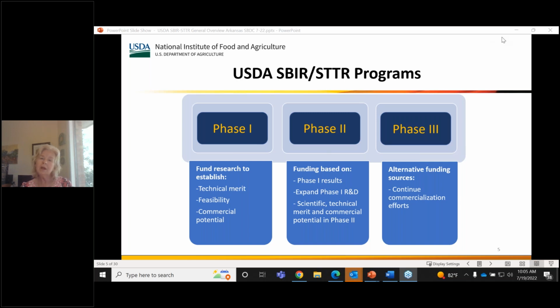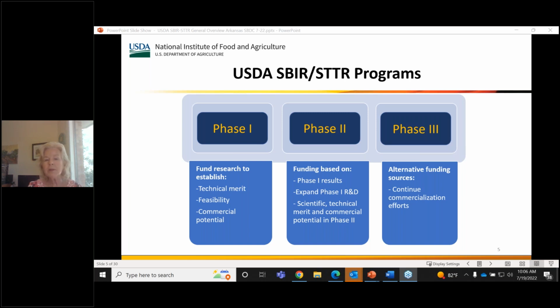So we have 3 phases in SBIR STTR. Phase 1, phase 2, phase 3. Phase 1 is there to establish the technical merit and the feasibility. Phase 1 is usually a proof of concept research project that you'll do throughout the period for phase 1.